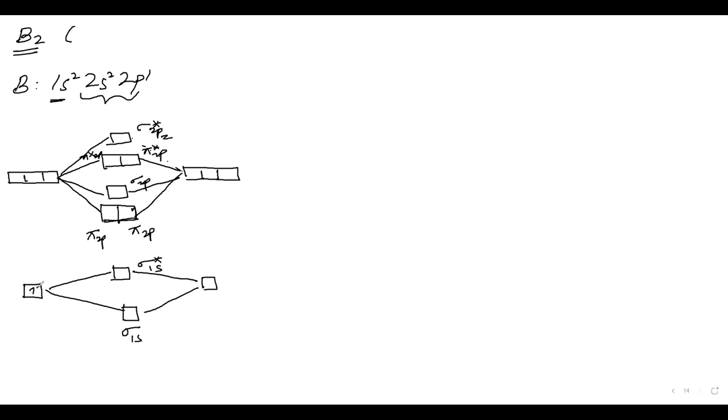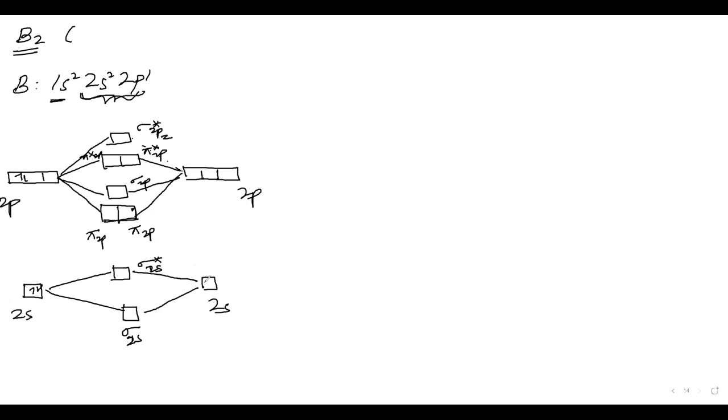Now we have to fill electrons. 1, 2. So the lower one should be sigma 2s, right? Sigma star 2s also. So 1, 2, and 3, just because you have in valence only 3 electrons.